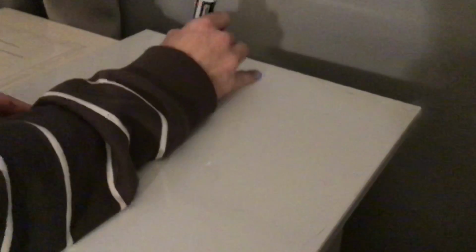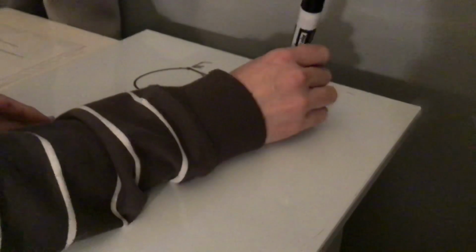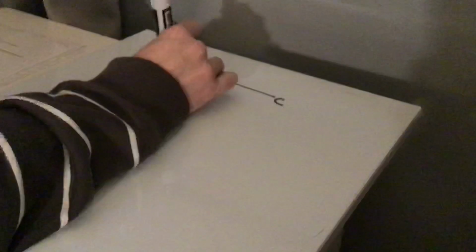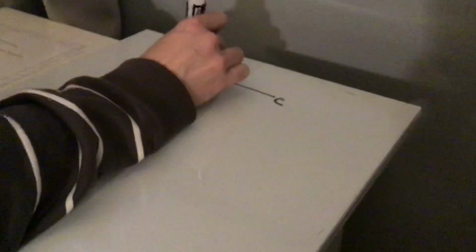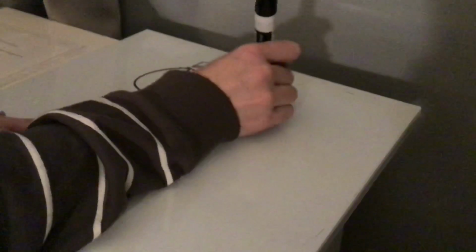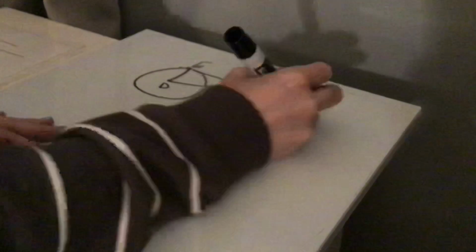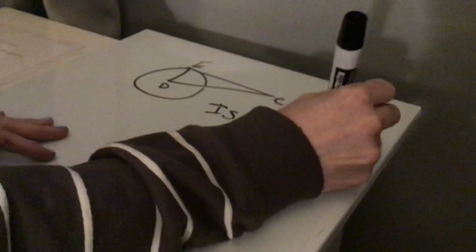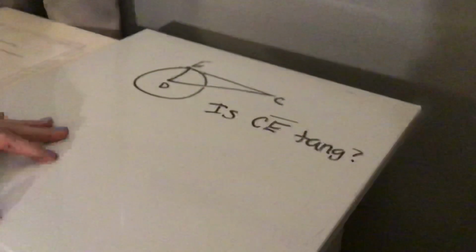So here is our circle. E is our point of tangency. We have a line here that is tangent to the circle. D, or we don't know if this is tangent, sorry. D is the center. So DE is your radius. We want to know if CE is tangent to the circle.